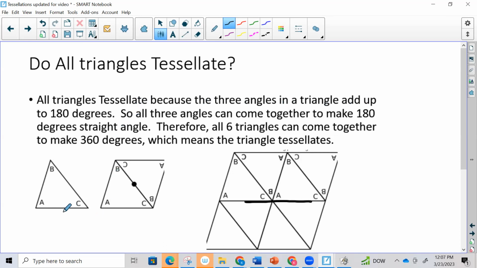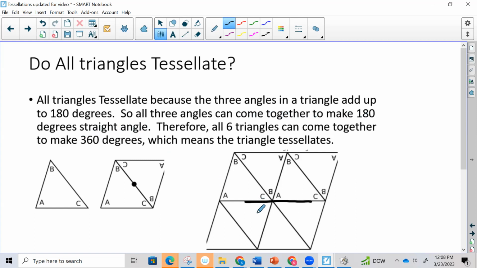So what I can do is I can duplicate a triangle 3 times and then put each different angle together. And those 3 angles are going to add up to 180 because the 3 angles in a triangle add up to 180. So those 3 angles can come together to make a 180 degrees straight angle.